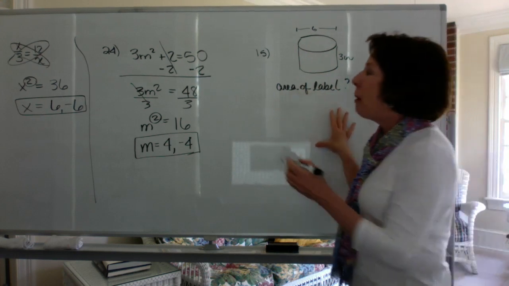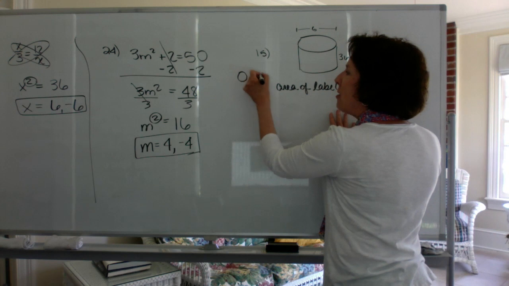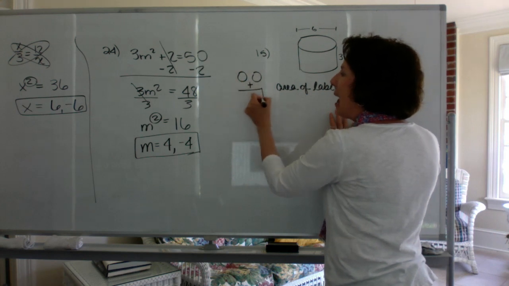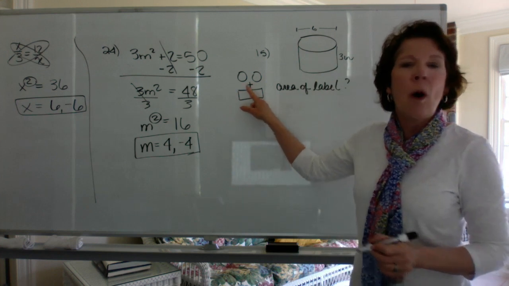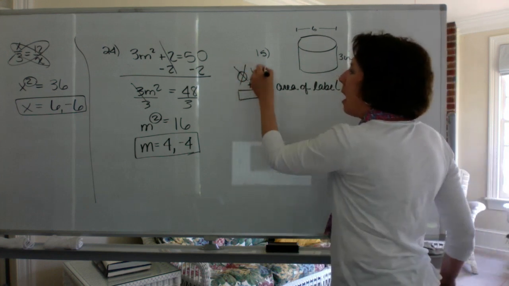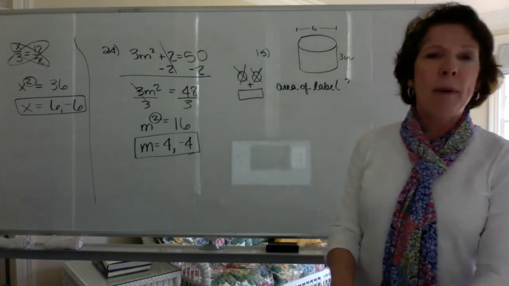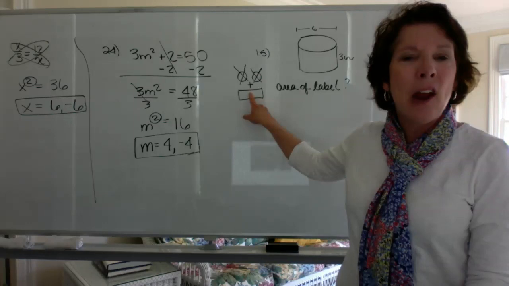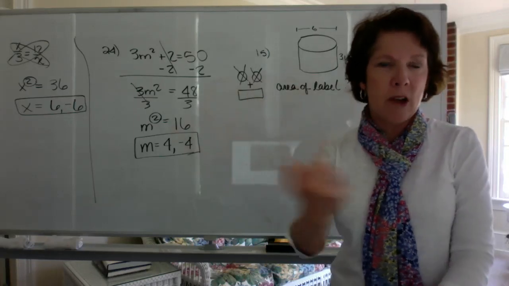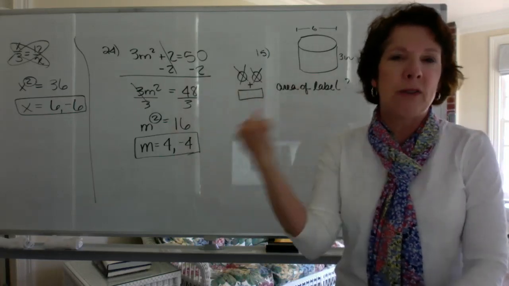Now, normally for surface area, we find the area of the top and bottom lid and add the area of the label. But guess what? They don't want to know the area of the top and bottom circles. All I'm trying to calculate is the area of the label. It's called the lateral or side surface area.